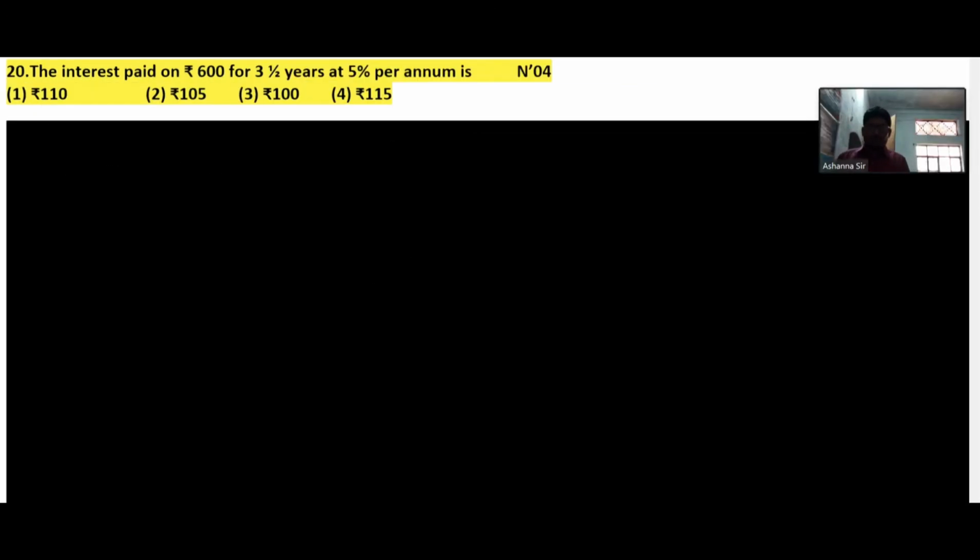Children, last and final question, question number 20. The interest paid on 600 rupees for 3.5 years at 5% per annum is... I is equal to PTR by 100.